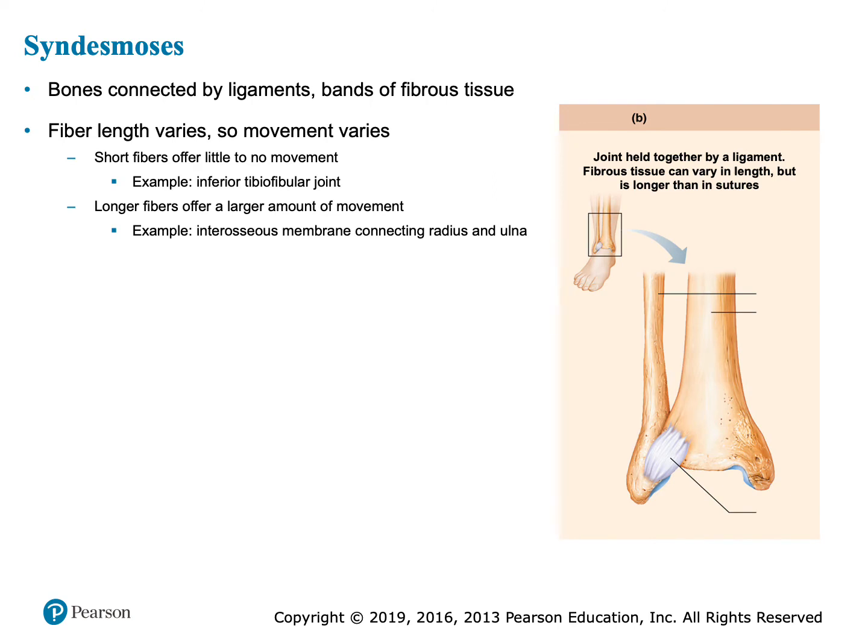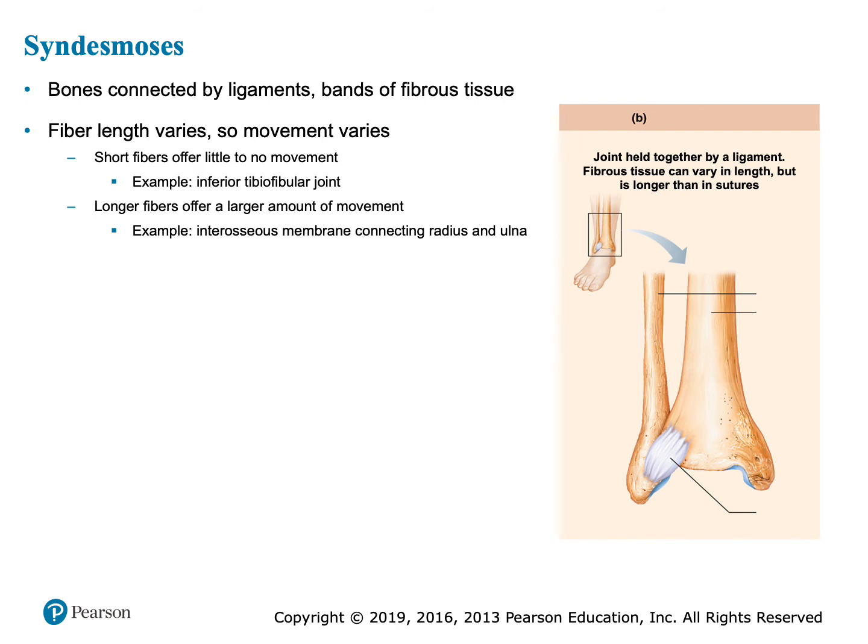A syndesmosis is going to be like bands of tissue, usually connecting two bones next to one another. So your tibia and your fibula, or your radius and your ulna, are excellent examples of where you can find this synarthrotic joint.